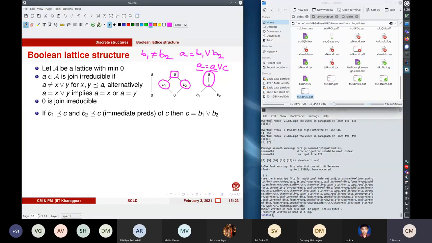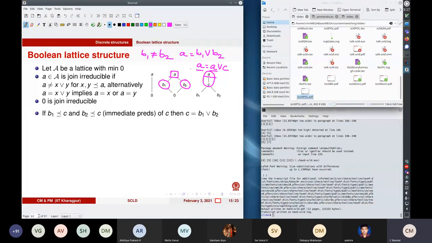In the other case, the element doesn't have a unique predecessor. It has two or more distinct predecessors. So in that case, you can non-trivially express A as the join of B1 and B2, but in this case, you cannot non-trivially express A as the join of two distinct elements. So in this case, A is join irreducible.